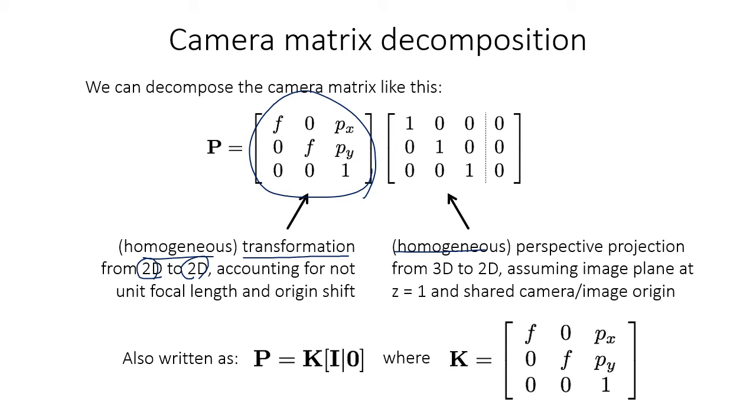We call this matrix the intrinsic matrix. It is related to the inside values of the camera.